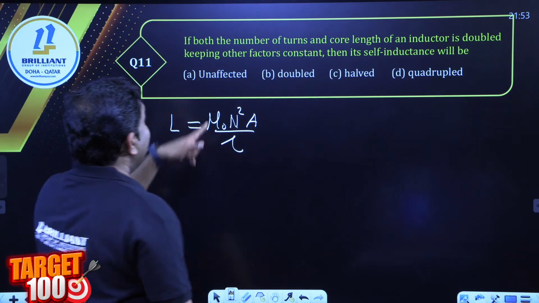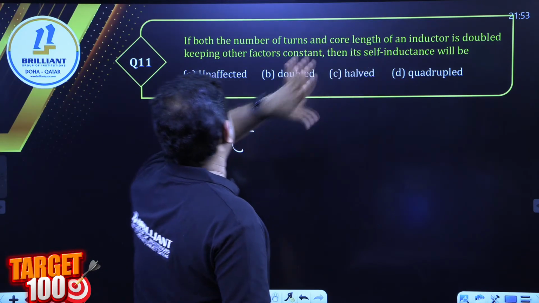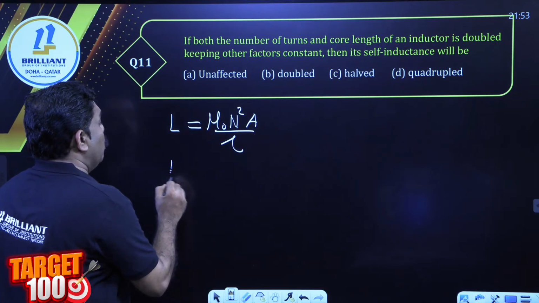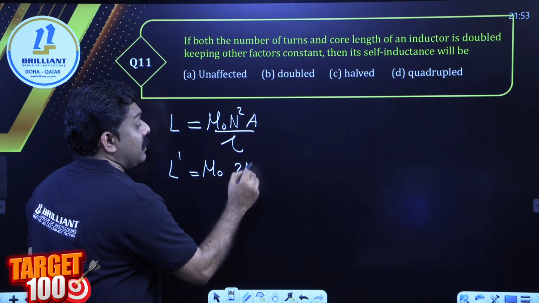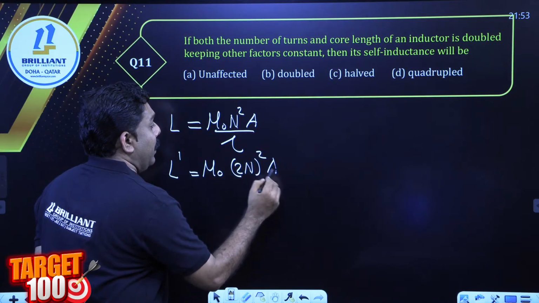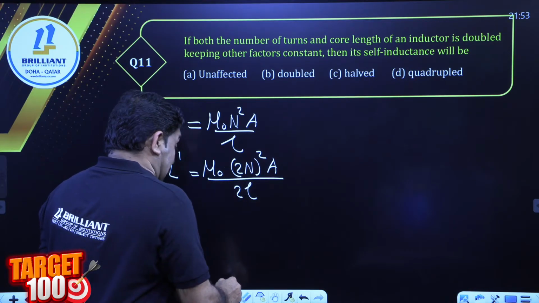So here the number of turns and length are doubled. The new self-inductance will be mu naught, number of turns doubled, 2n square A, and length is also doubled. So here it is very clear.